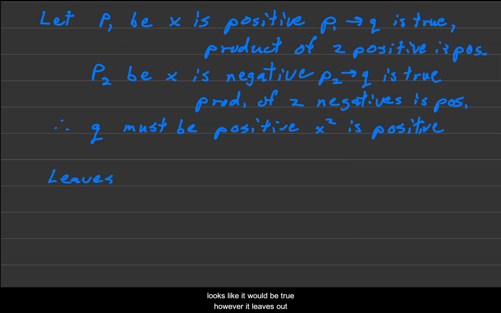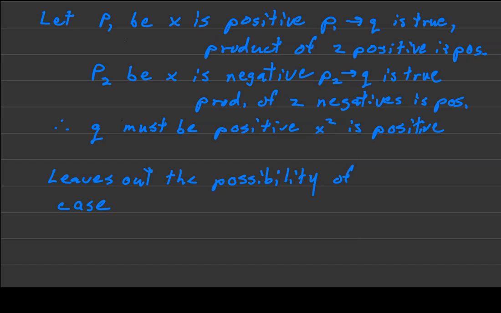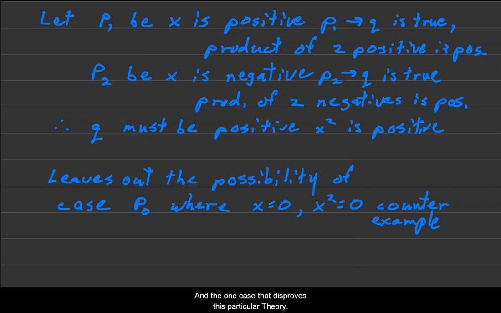However, it leaves out the possibility of case P0, where x is equal to 0, resulting in x squared equal to 0, which is our counterexample and the one case that disproves this particular theorem.